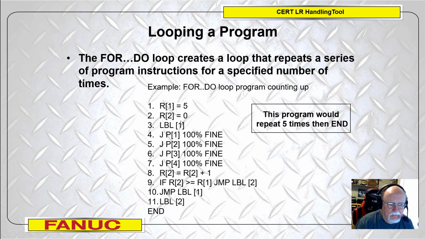We add a label, and then we have our robot move instructions here. So we're moving to position 1, 2, 3, and 4. And then once we move the robot, we come down here and we say, okay, register 2 equals register 2 plus 1. And then if register 2 is greater than or equal to R1, then jump to label 2.